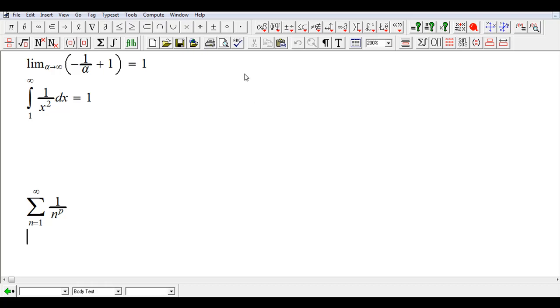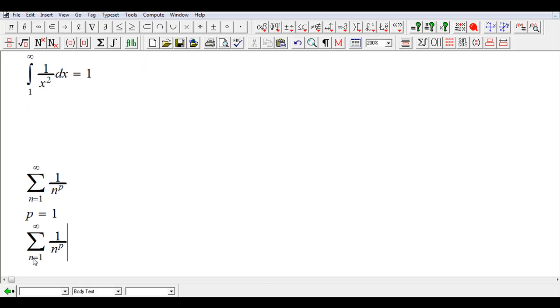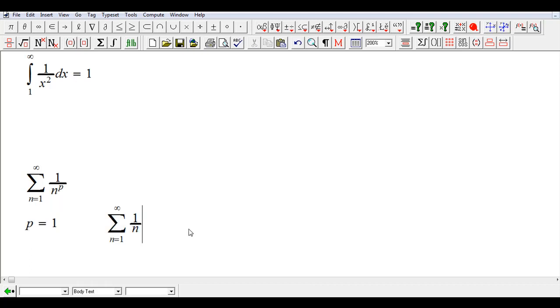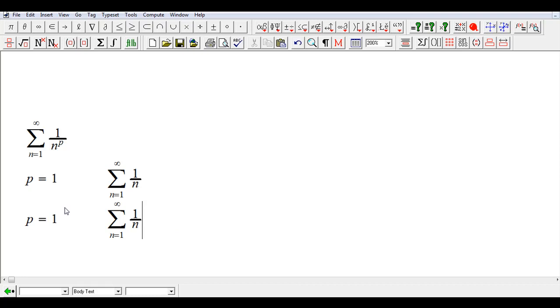For example, if I took P equals 1, then this series simply is this. You change P, the series changes. If I took P equals 2, then this becomes that.